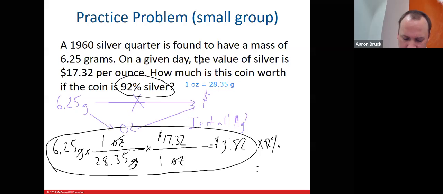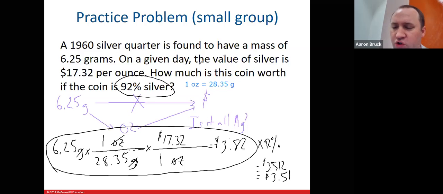If you multiply it by 0.92, you end up getting $3.512, which from a sig fig standpoint, we would round to $3.51.